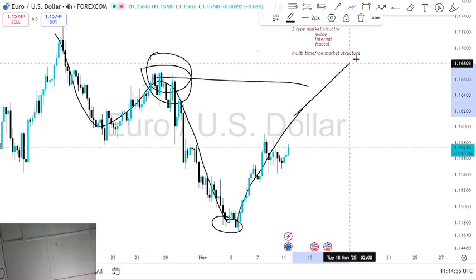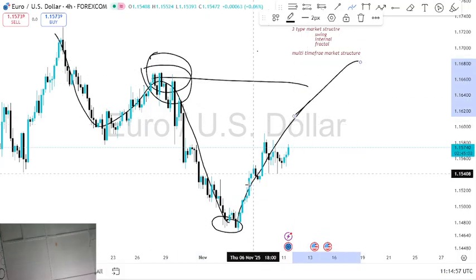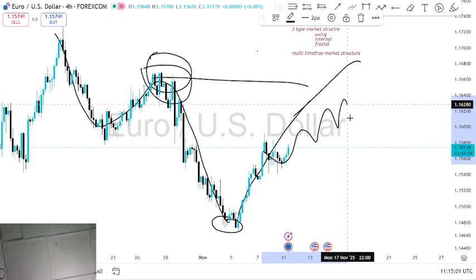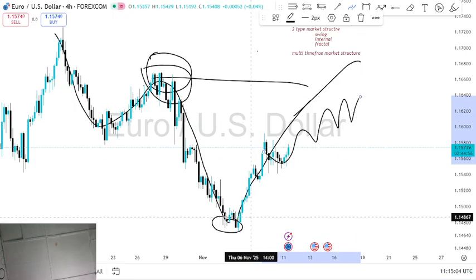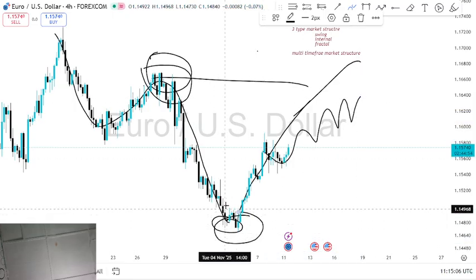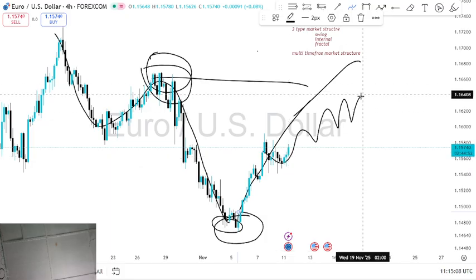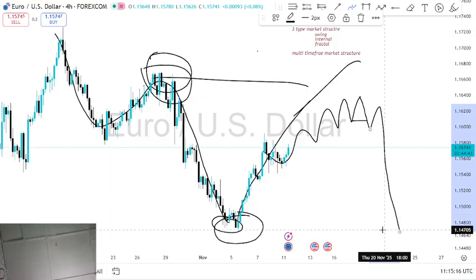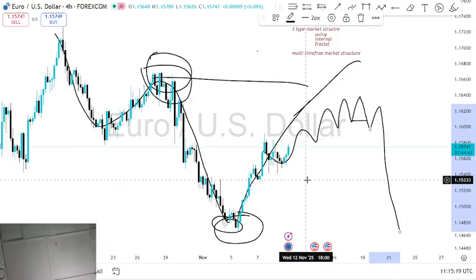Until this swing structure breaks, all of these are internal structures, and we will consider them to be pullback. And here will be a swing weak structure, and we know that whatever will happen here for any time period, we can switch bullish and we will continue the move to the downside. It is possible.